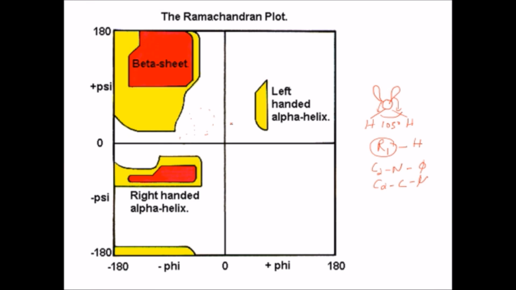The yellow region and red region were the allowed region. In this red region, the steric hindrance will be nil, but in the yellow region there will be some steric hindrance, but that can be overcome, or that can form a particular structure there, or we can say that is allowed. That much steric hindrance is allowed in a structure.